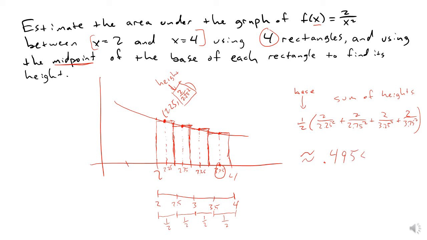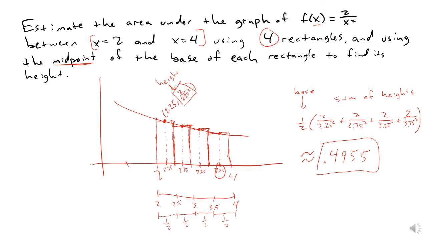You can punch this into a calculator and double check this yourself. But 0.4955 is my estimate of the actual area under this graph between 2 and 4. I estimated this using 4 rectangles and the midpoint of those 4 rectangles to find their heights.